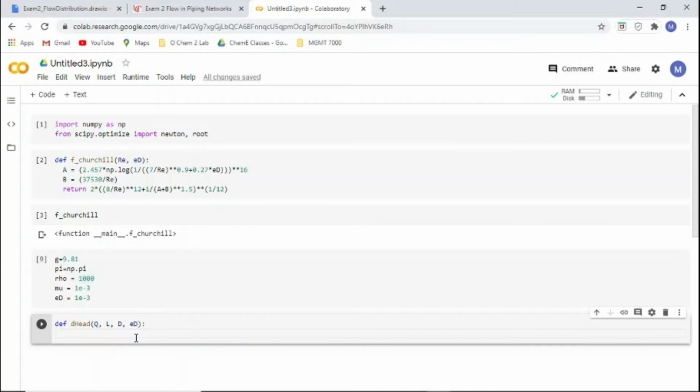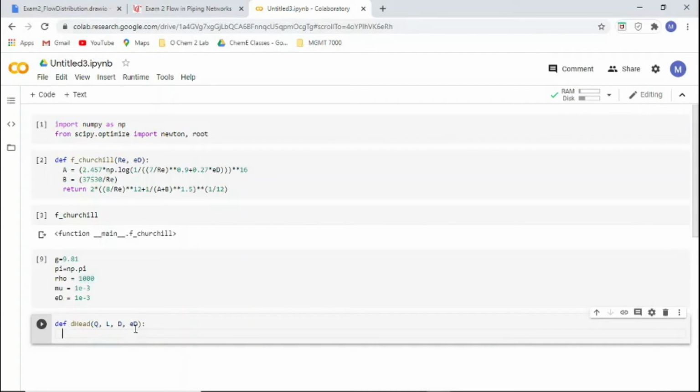And so in order to define our function and to be able to calculate the change in head, we need to calculate the velocity. We know that the flow rate is equal to velocity times area.